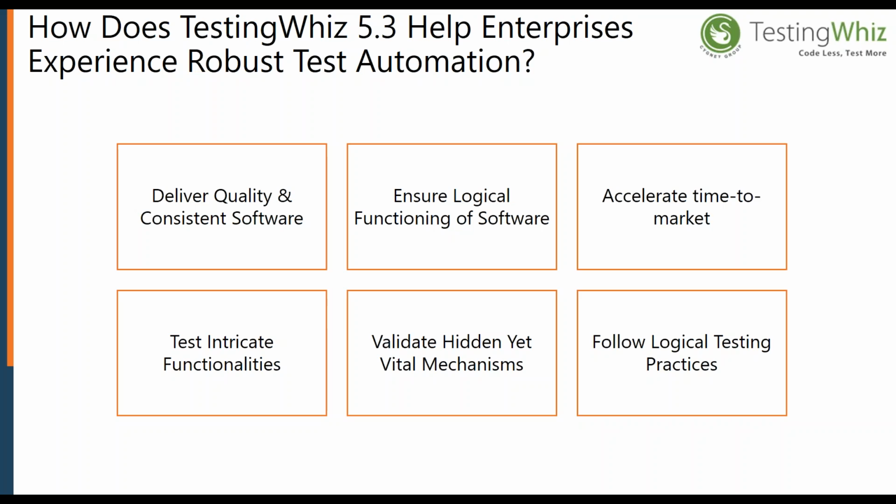There are certain features that help you accelerate time to market and integrate functionalities of your applications and websites. Apart from that, with features like drop-down values and CSS elements, you can also validate hidden elements and vital mechanisms on your websites, and this will definitely help you follow logical testing practices.